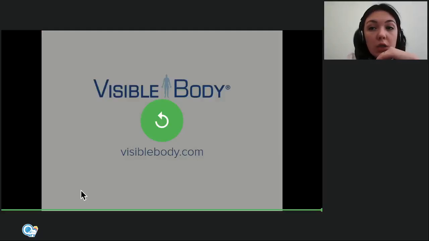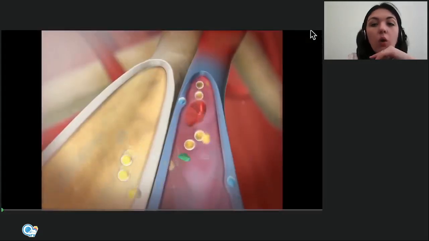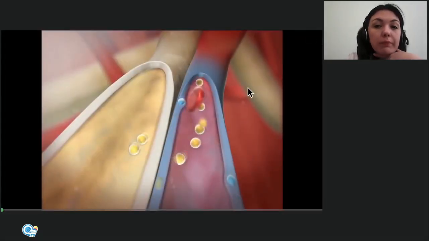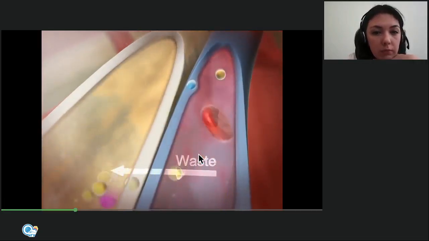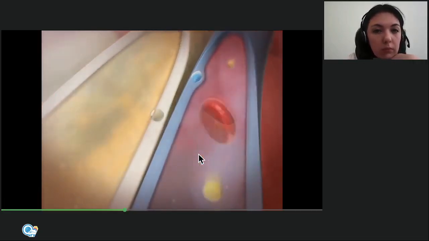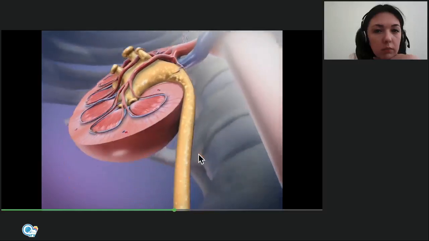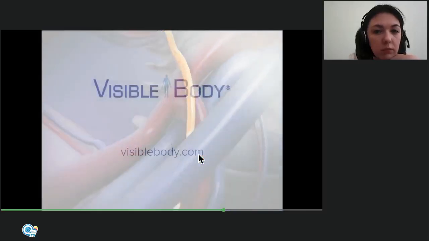But after that, also secretion occurs. Some substances which are absolutely not required for our body, waste ions and hydrogen ions, pass from capillaries into the renal tubule. This creates urine, which passes out of the kidney into the ureter and down to the bladder.